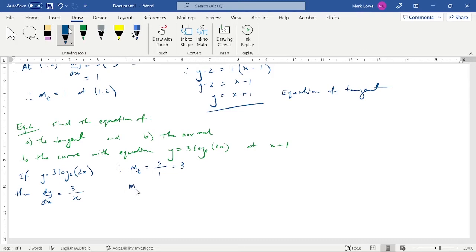How do we find the gradient of the normal? Yeah, okay, so perpendicular lines, their gradients are negative reciprocals of each other, or alternatively, when you multiply them together, they'll equal -1. So the gradient of the normal then will be -1 over 3.